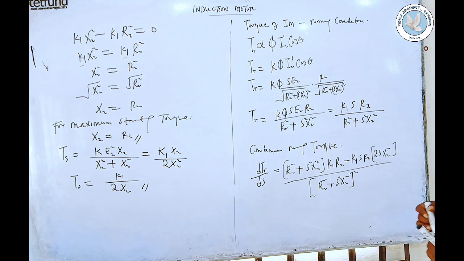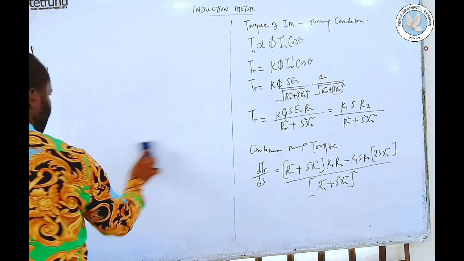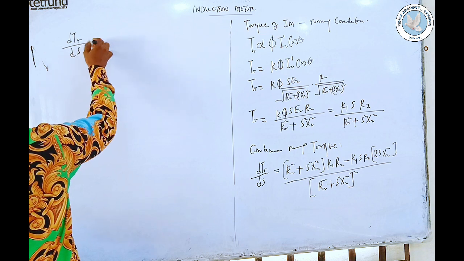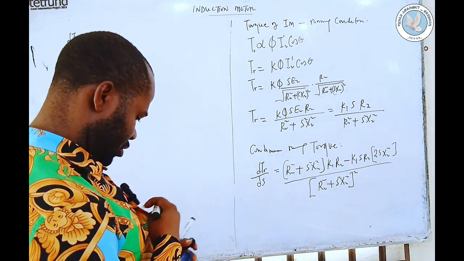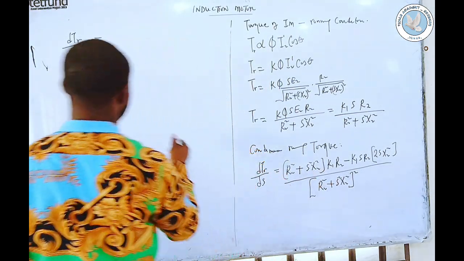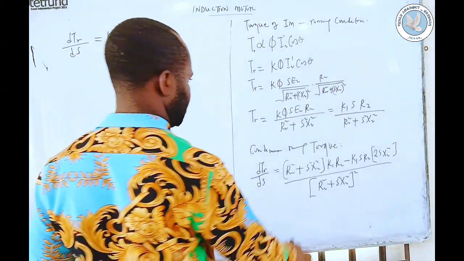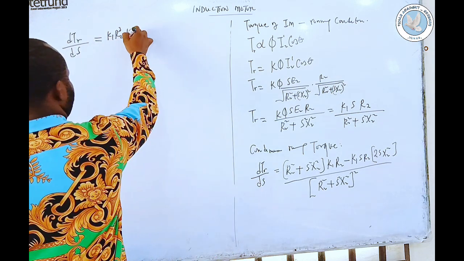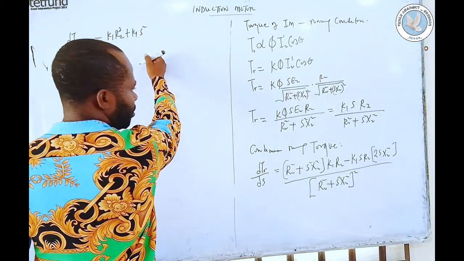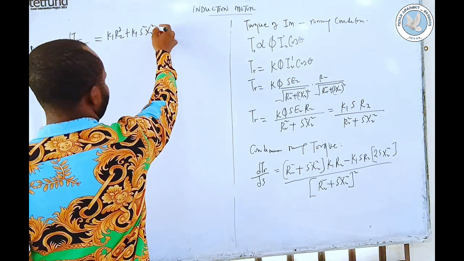So at this point we can actually simplify this expression, and the dT_R divided by dS is giving us, as we multiply this with this, we have K1 R2 raised to the power of 3, and this times this, we have plus K1 S, we have this squared, and we have this.